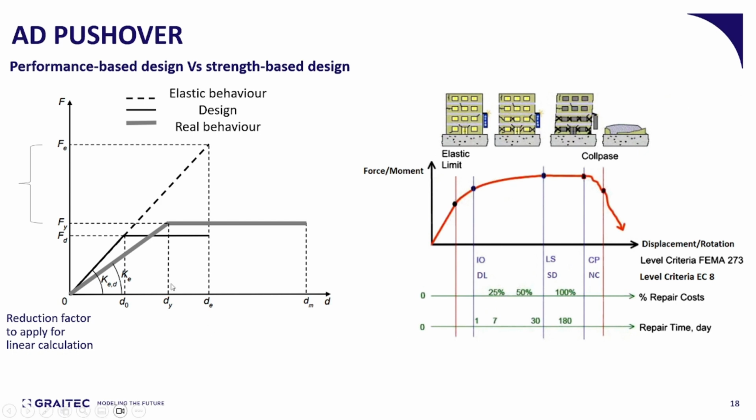The forces are smaller, of course, and because we don't have information about the stiffness of the structure, for example, in concrete, when there are cracks, the stiffness is reduced. The stiffness in the design is sometimes not assumed correctly, so we may end up with an overestimation of the stiffness.